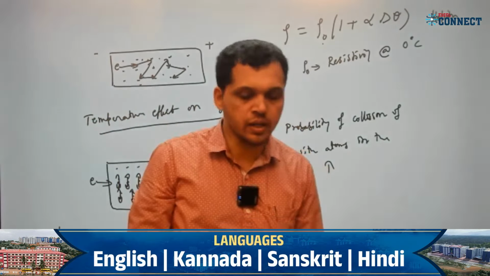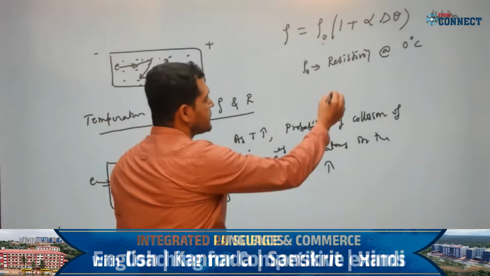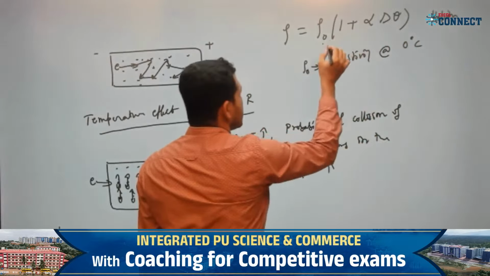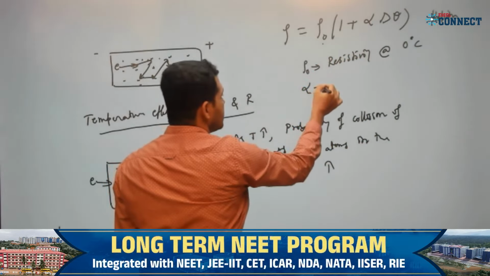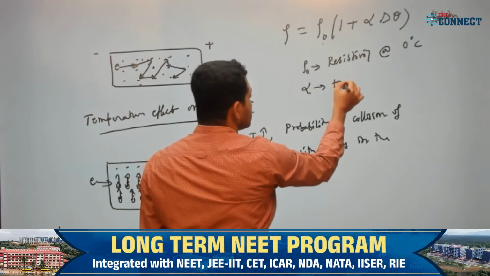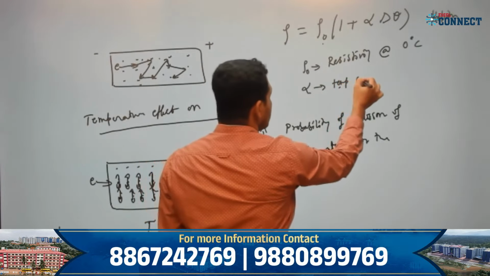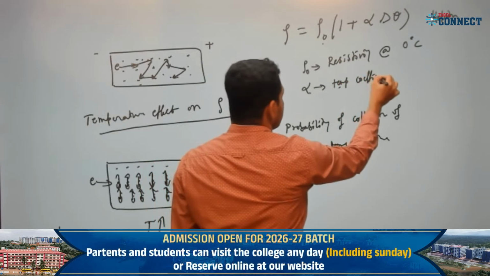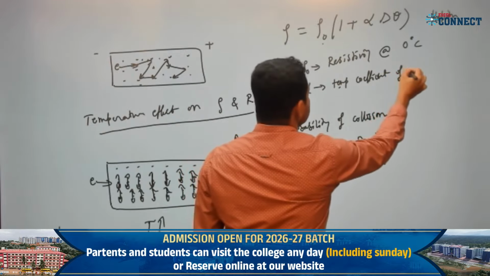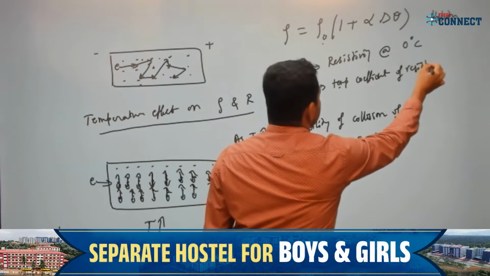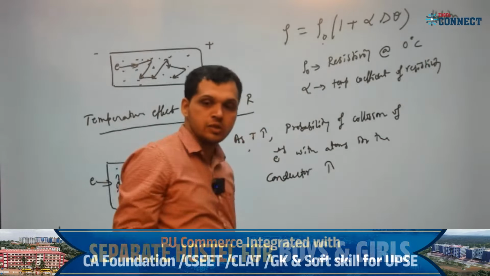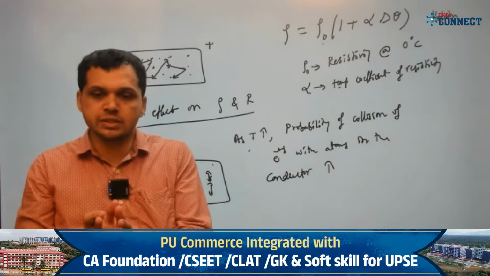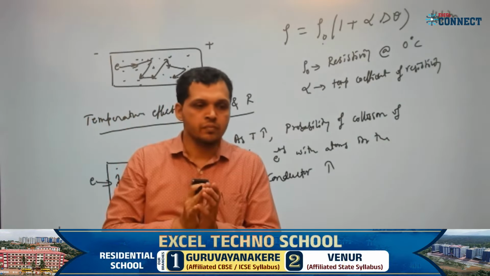Yes, someone answered correctly. Now this is the resistivity at 0 degree Celsius I have taken, where alpha is the temperature coefficient of resistivity. Temperature coefficient of resistivity is a constant for a given material.